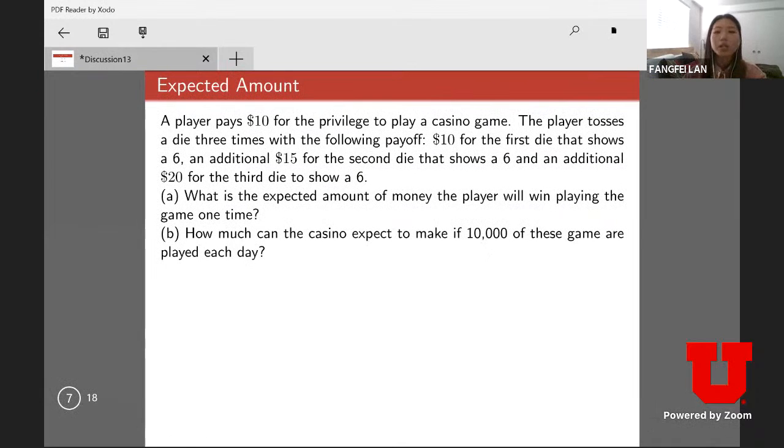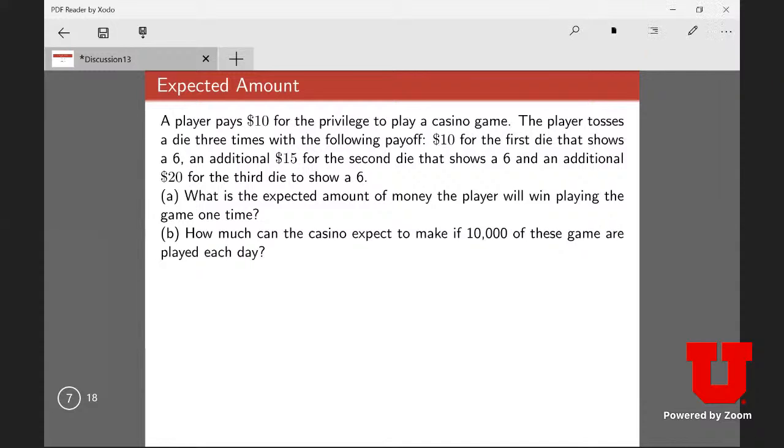So what are the 3 types of events that could happen here? How much money could a player possibly win in a game? You can make up to $45. Right. Okay.